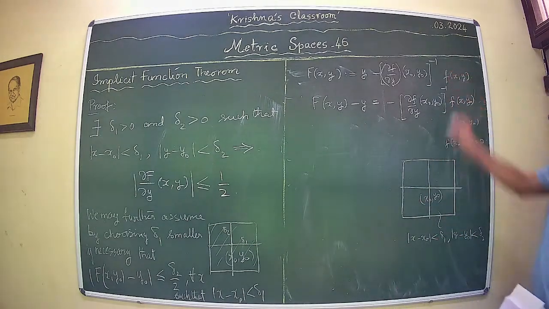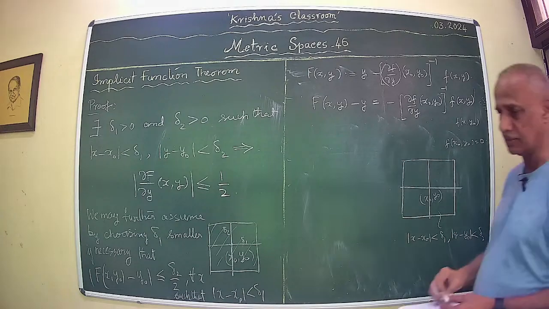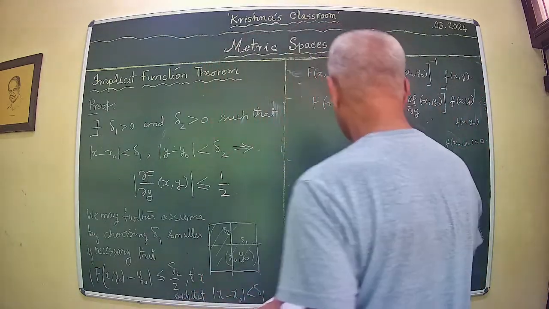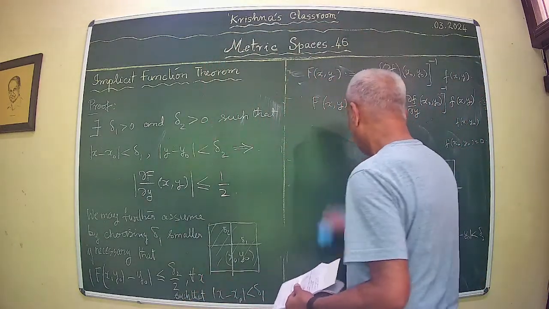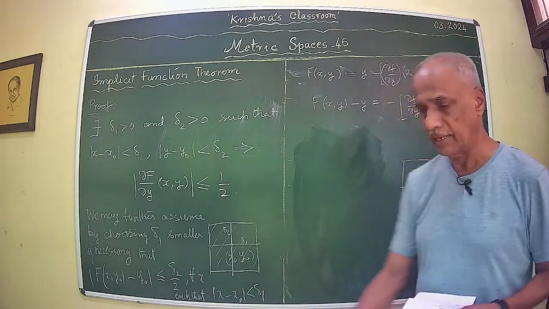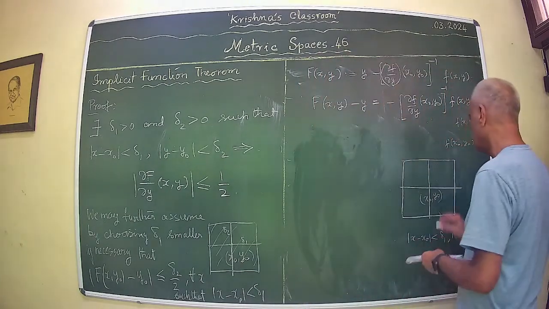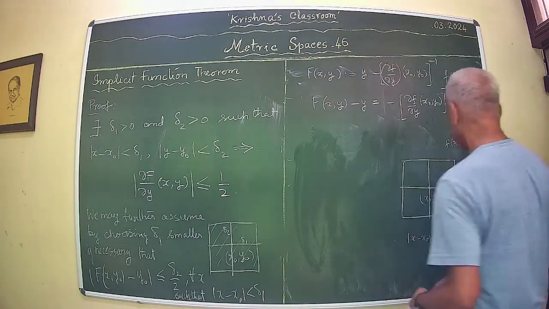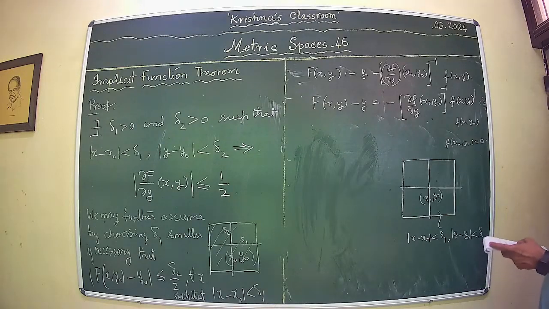After all this redefinition etc. is done, we get a rectangle. And what do we have? We have capital F, small f, at x naught y naught equal to 0. Okay, right.